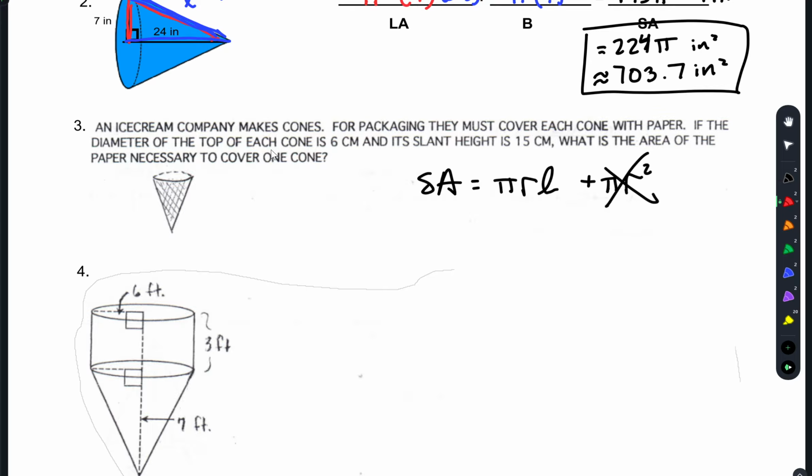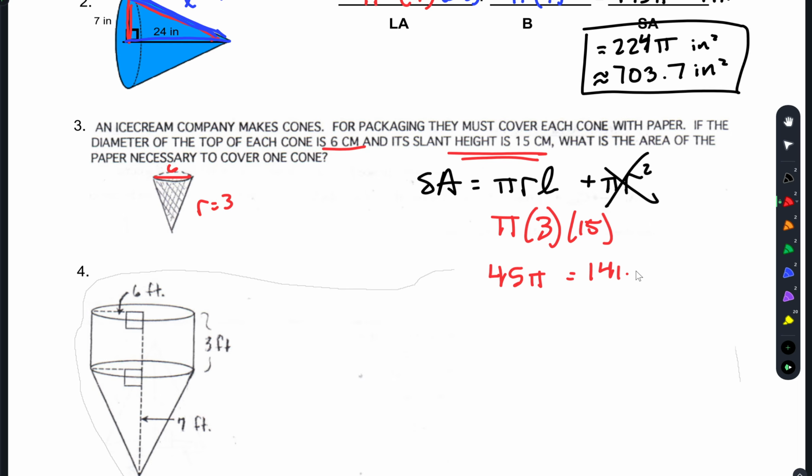So my radius here, if my diameter is 6, then the radius is going to be 3. So this is pi times 3 times my slant height, 15. 45 pi, aka 141.1 centimeters squared. Good? Any questions?